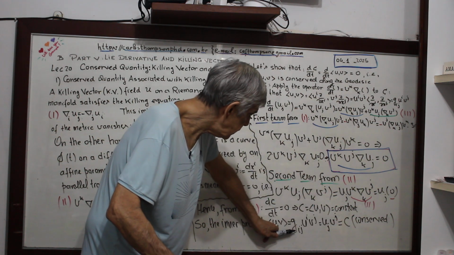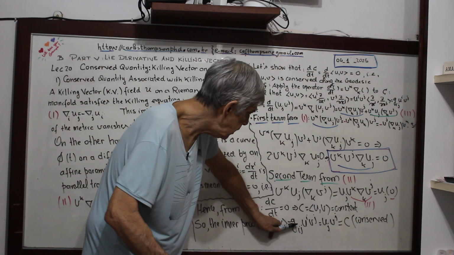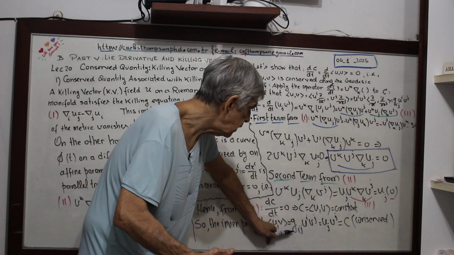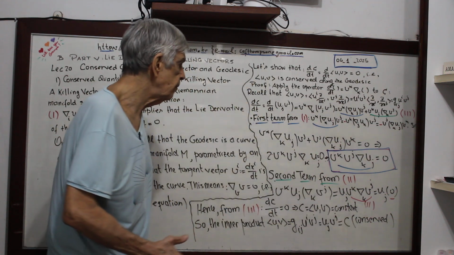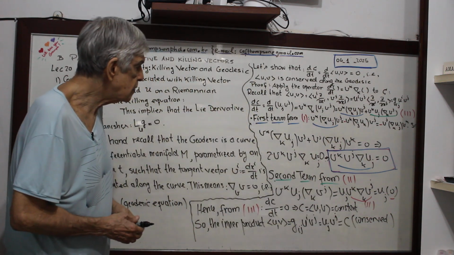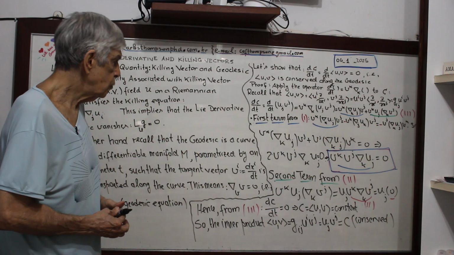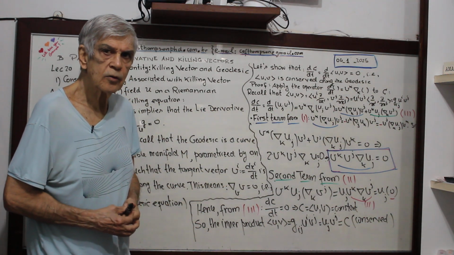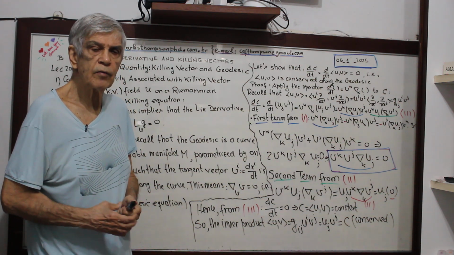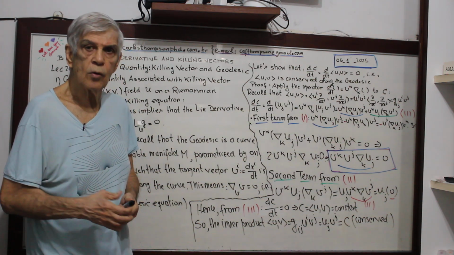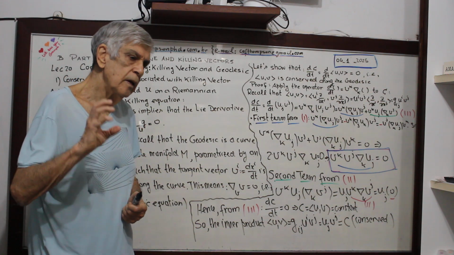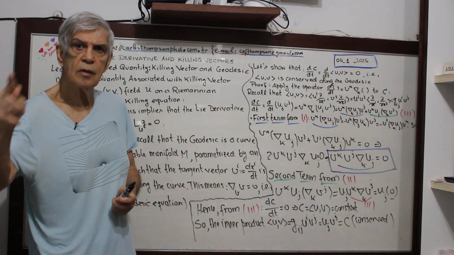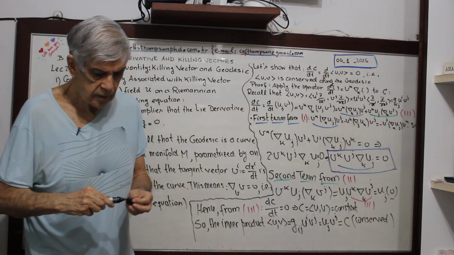Just apply Gij, that's a property of Gij. So C is conserved. That's our goal: to show that the derivative with respect to the parameter t of the inner product is 0, which means that the inner product is conserved when you move along the geodesic. That's it.